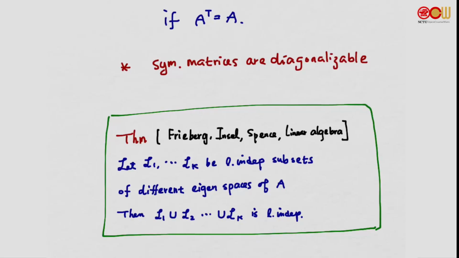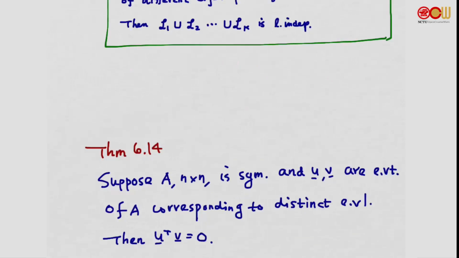It turns out that for symmetric matrices, more can be said about the eigenvectors. More is true. Suppose A, an n by n matrix, is symmetric, and u and v are two eigenvectors of A corresponding to distinct eigenvalues. So u, v are from different eigenspaces.